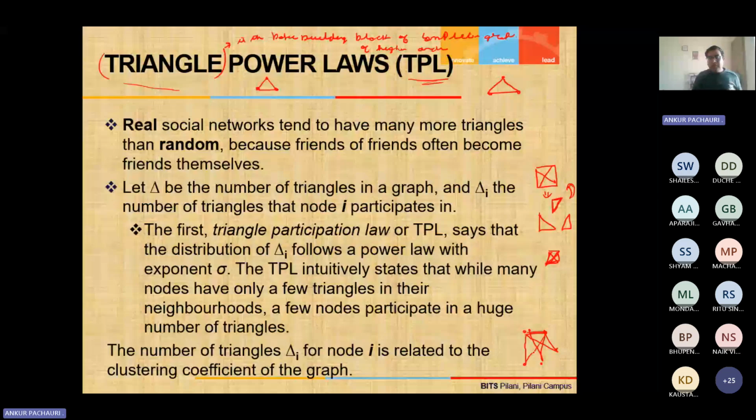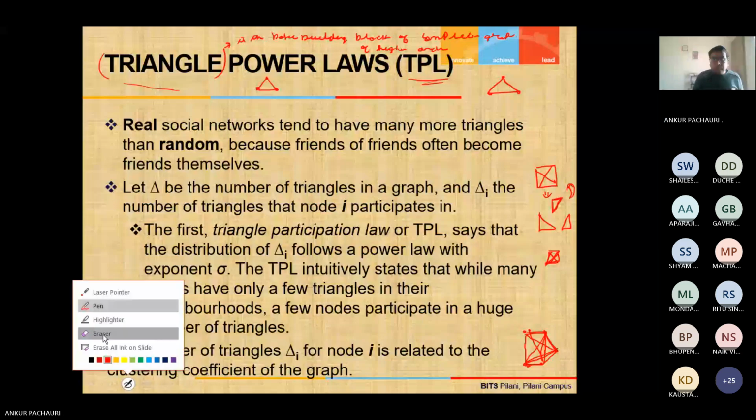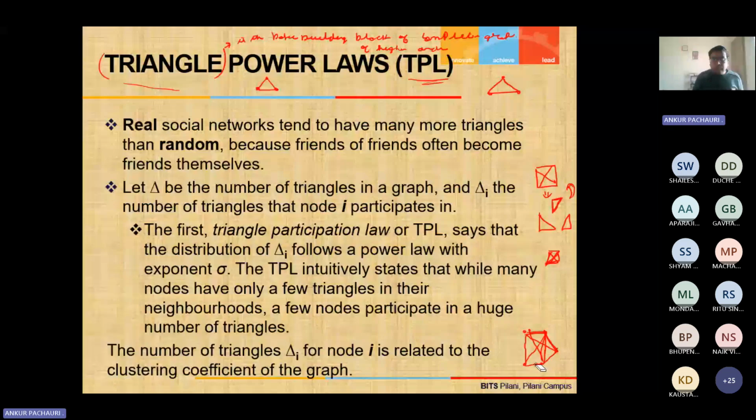So 1, 2, 3, 4. And then this again will be a triangle. Let me draw it clearly.